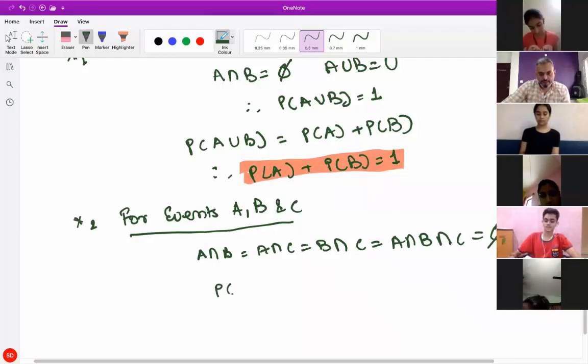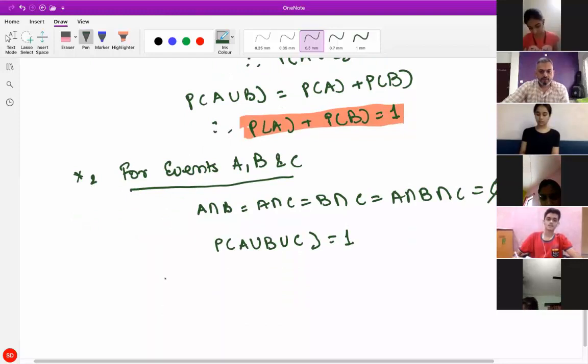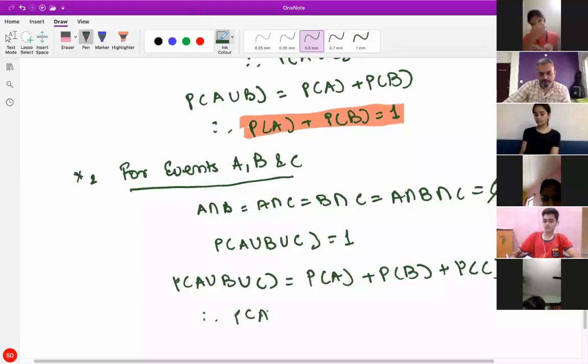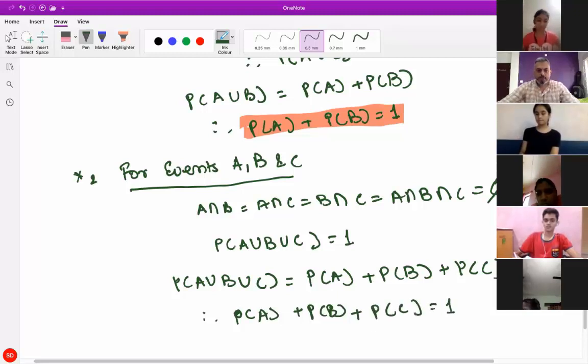Again, probability of A union B union C is equal to 1. So probability of A union B union C is equal to probability of A plus probability of B plus probability of C. Therefore, probability of A plus probability of B plus probability of C is equal to 1. Highlighted.